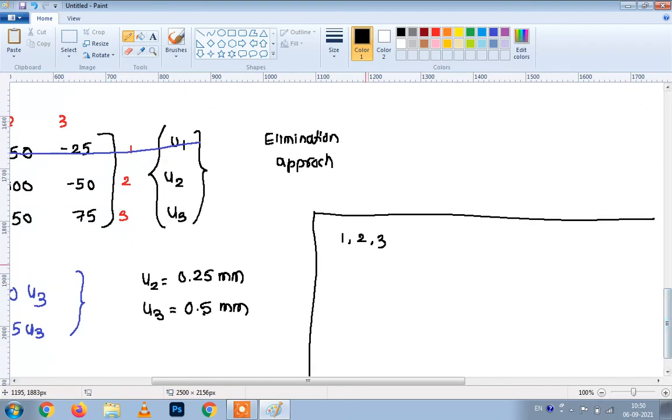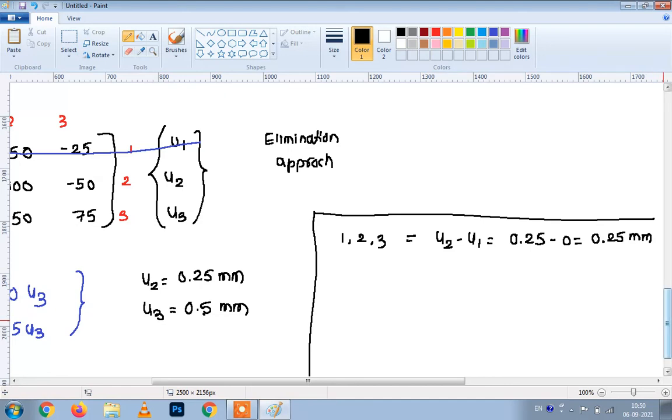So for the deflection of the first spring, it will be u2 minus u1. 0.25 is the value of u2, and as node number 1 is fixed, u1 will be 0. So the deflection of the first spring is 0.25 minus 0, which is 0.25 mm.